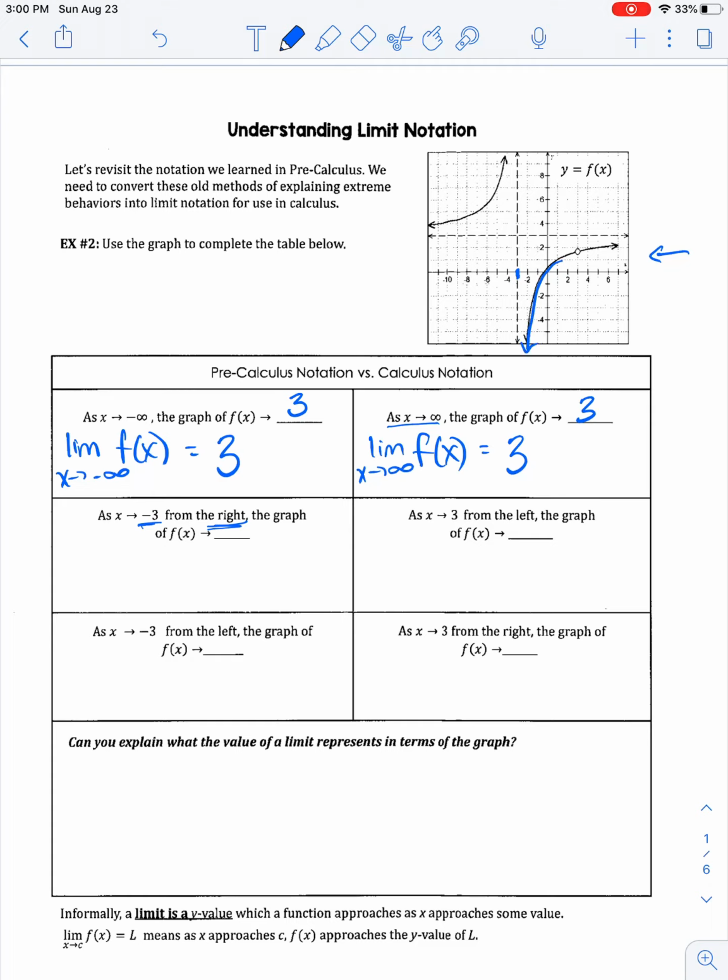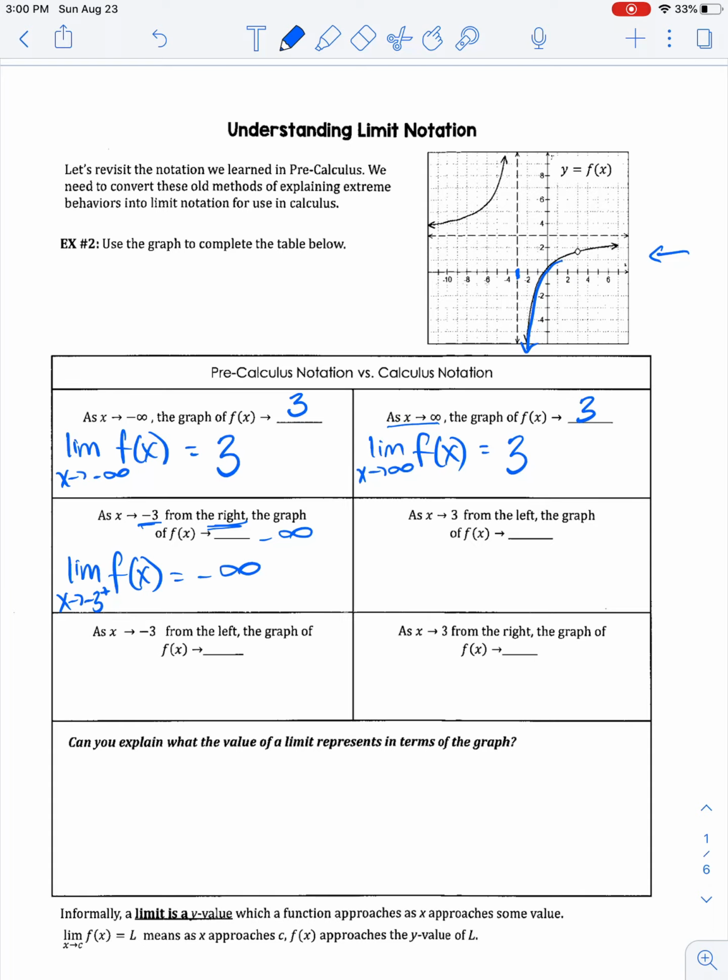This graph y value is headed to a -infinity because it's headed south. So I can write the limit of f of x as x approaches -3 from the right is -infinity.